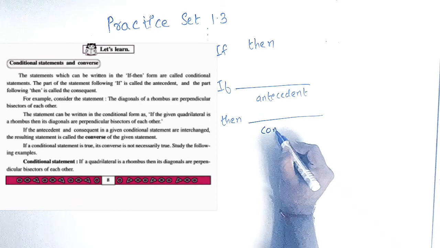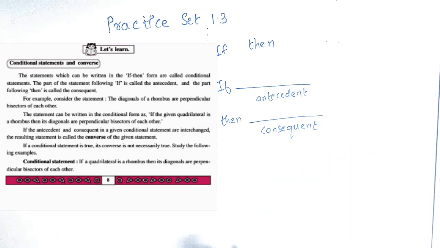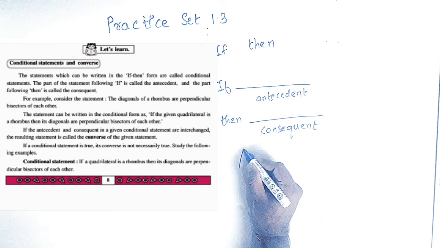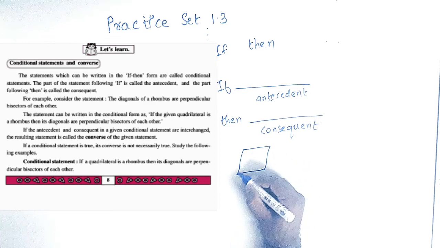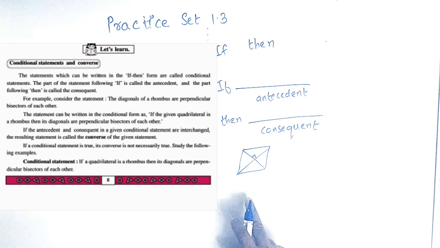What is it called? Consequent. For example, consider the statement: the diagonals of a rhombus are perpendicular bisectors of each other. You know the diagonals of a rhombus are perpendicular bisectors.